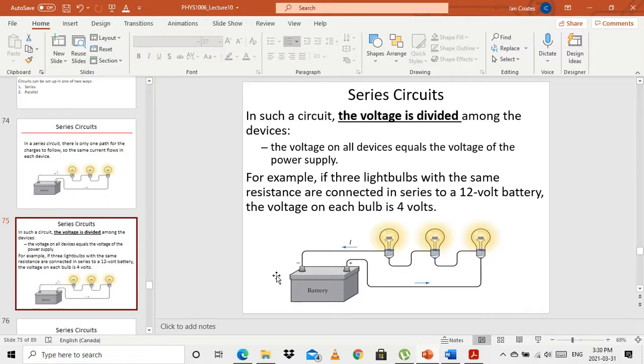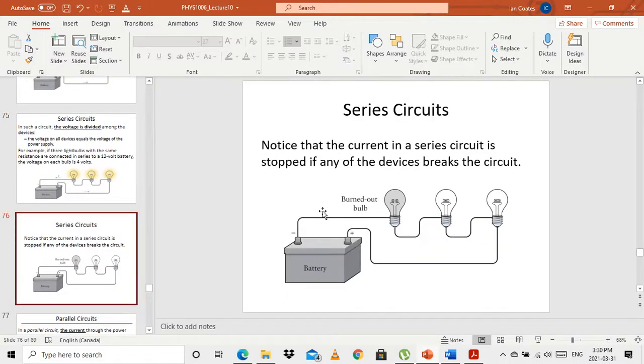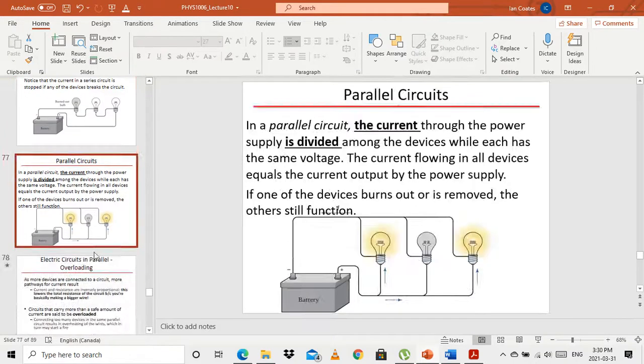So in a series circuit, you find the voltage for each bulb by dividing by the number of bulbs, if they're all the same. And here's the whole holiday light experience: if one bulb goes out, all of them go out.